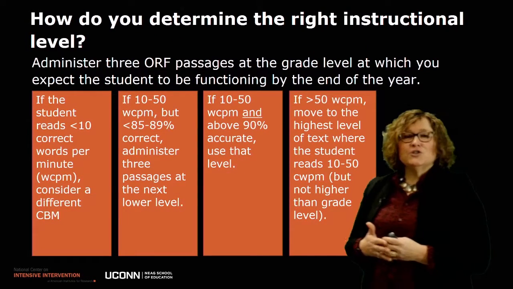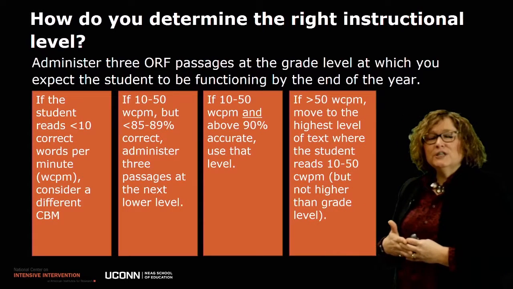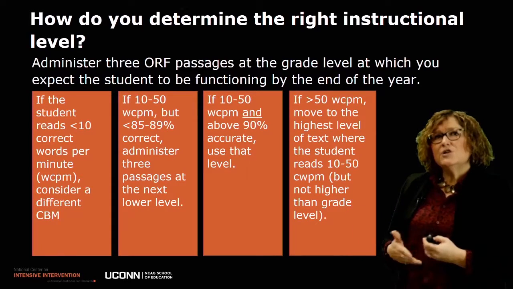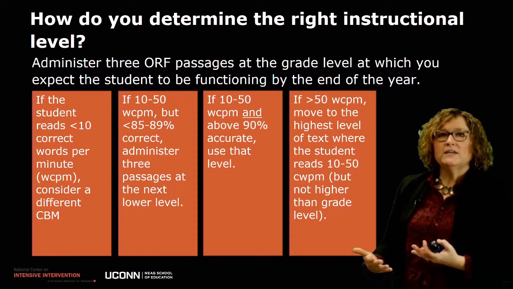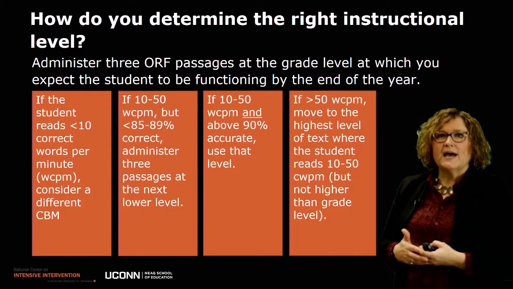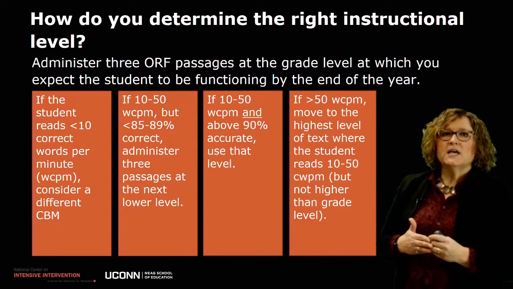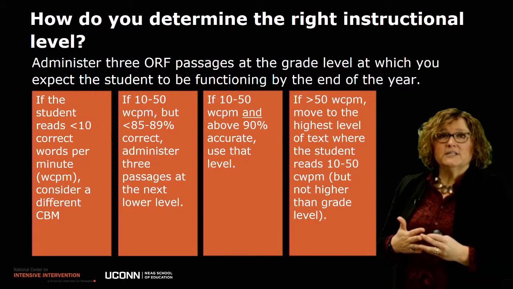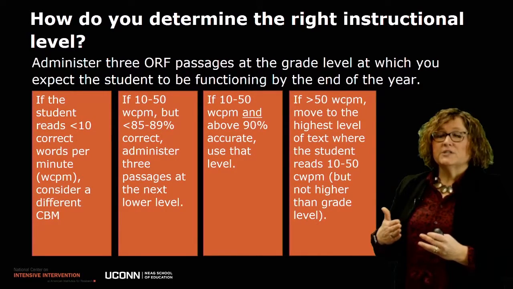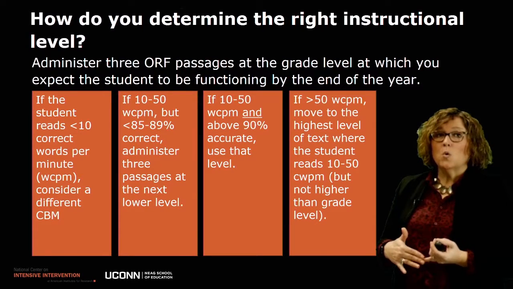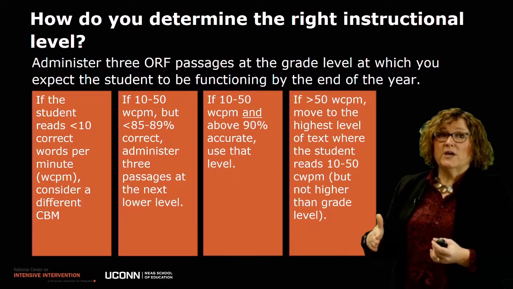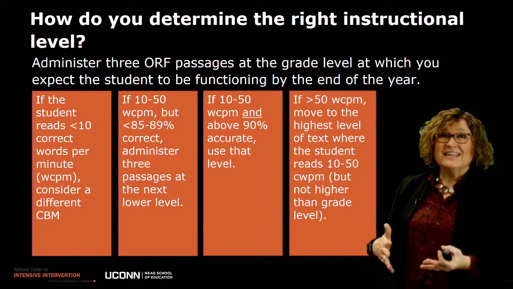So, how do you determine the right instructional level? These are some general guidelines for how to determine what level the student's at. You may have other information already that tells you the grade level the student's at, and so you wouldn't have to do this. But if you need to know where the student's instructional level is, a good rule of thumb is to administer 3 oral reading fluency passages at the grade level at which you expect the student to be functioning by the end of the year, okay?